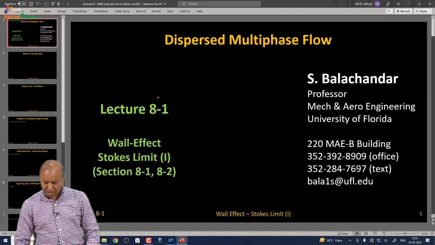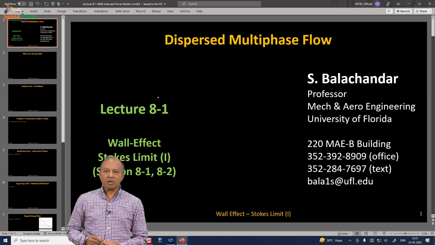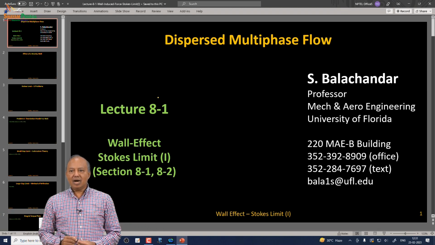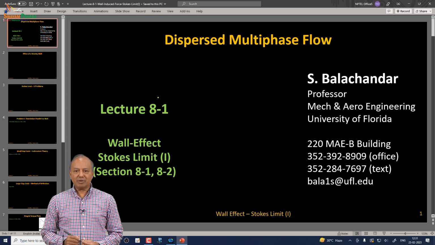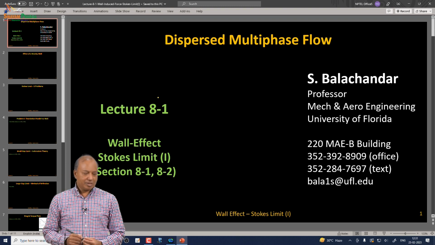So there's a lot of details. So the next thing I want to talk about is what happens when a particle gets close to a wall. Okay, particle wall interaction becomes important.